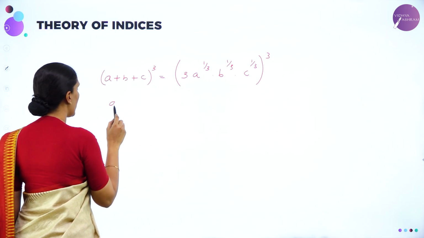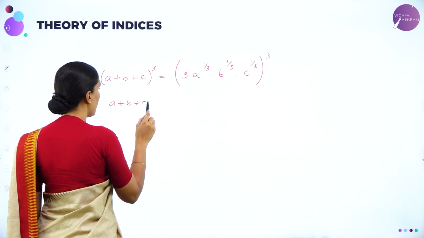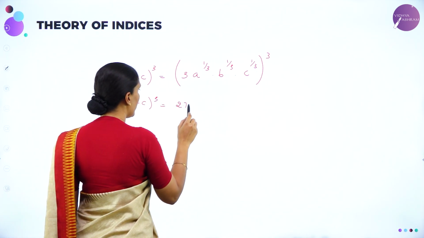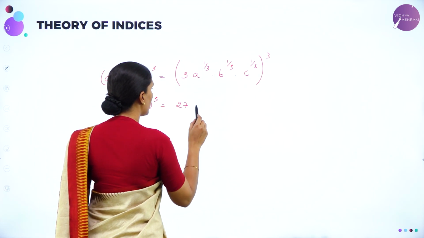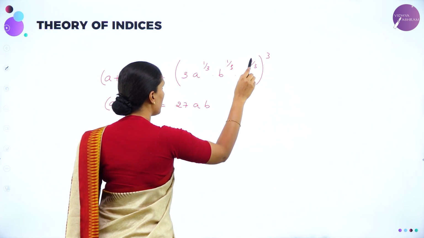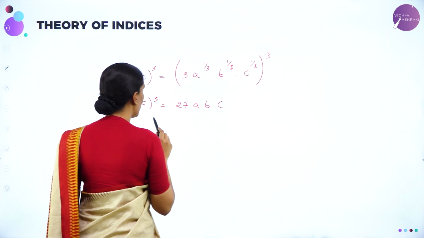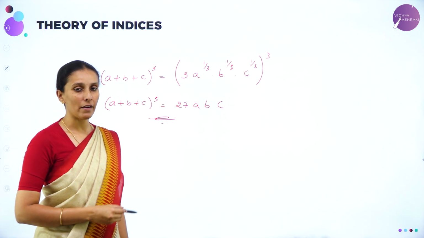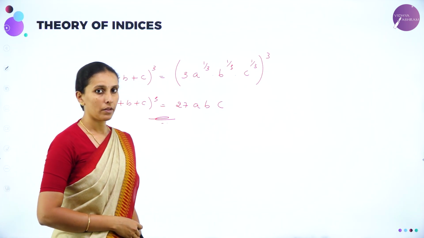So now (a + b + c) whole cube is equal to 3 cube, which is 27. A^(1/3) cubed is a. B^(1/3) cubed is b. C^(1/3) cubed is c. So therefore (a + b + c) whole cube is equal to 27abc.